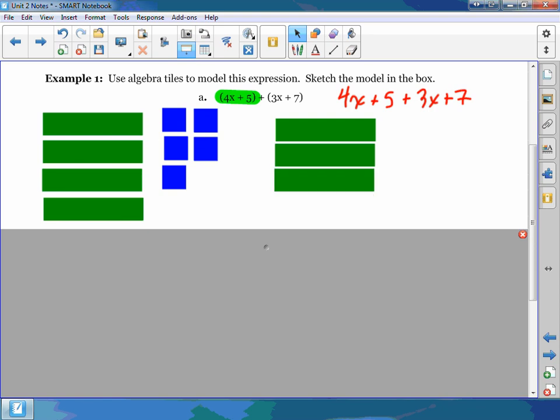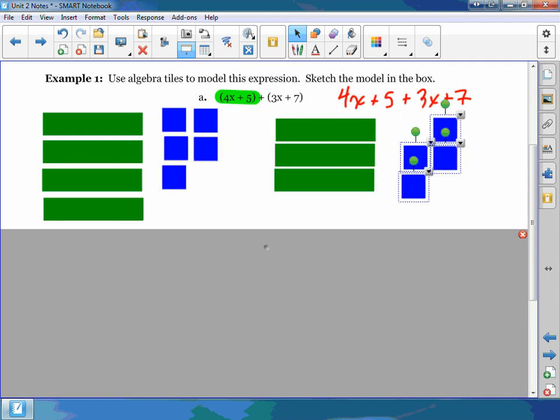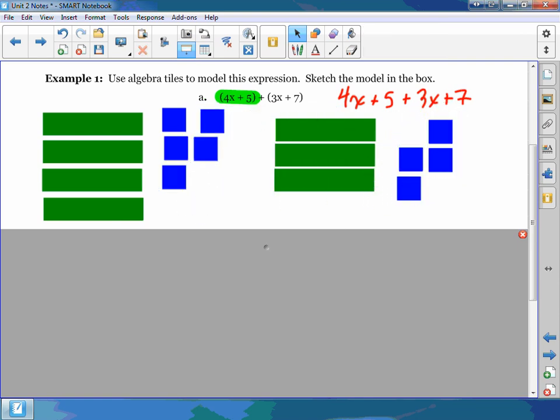Three x, and then what was that? Now, put it together like you tried to do initially for me.